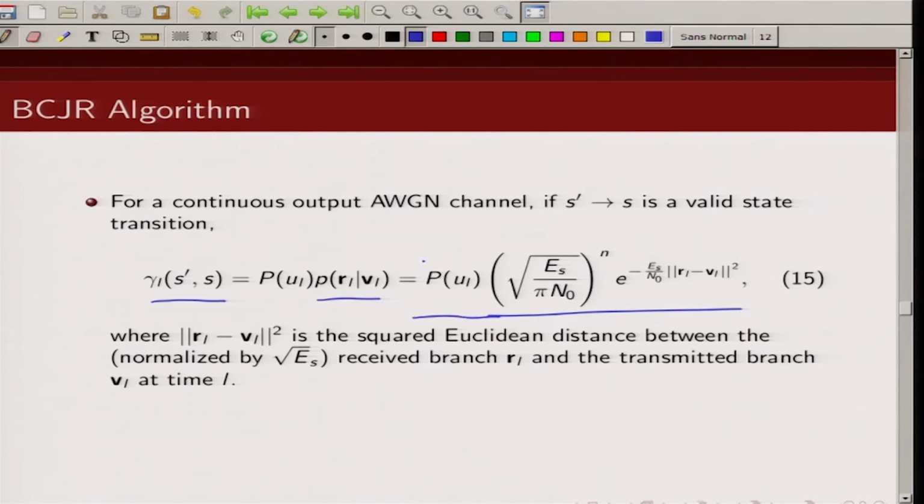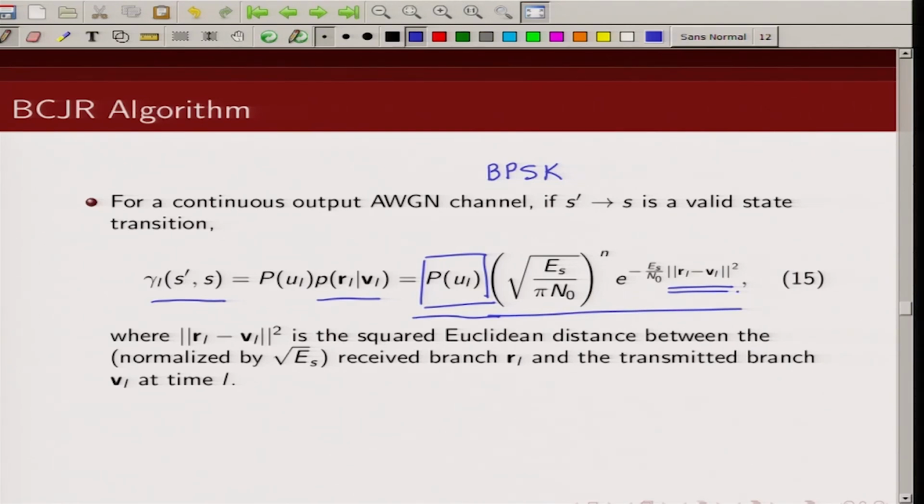Note this depends on the a priori probability of U L, and it depends on the Euclidean distance between R L and V L. Now, let us assume that we are considering binary phase shift keying. In other words, bits are mapped to +1 and -1, or plus root Es and minus root Es.